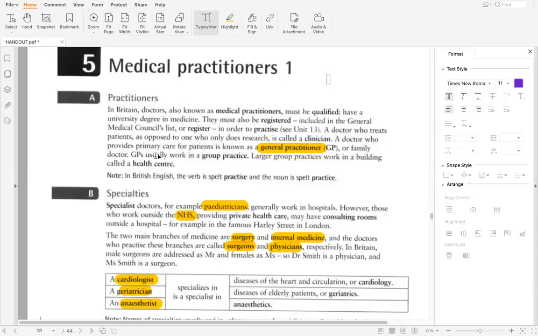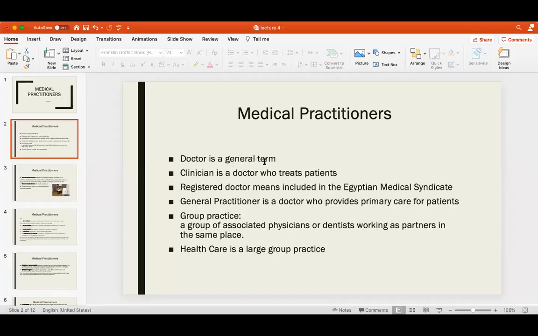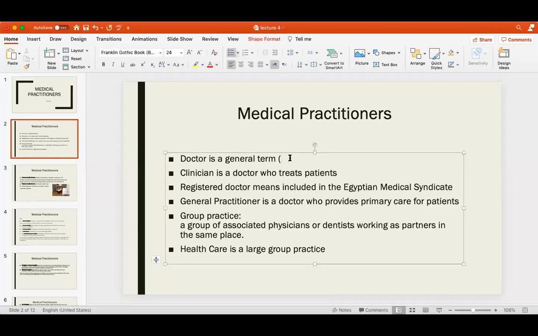A doctor who treats patients, as opposed to one who only does research, is called clinician. What is the meaning of this sentence? Doctor is a general term. It refers to anyone who does research.